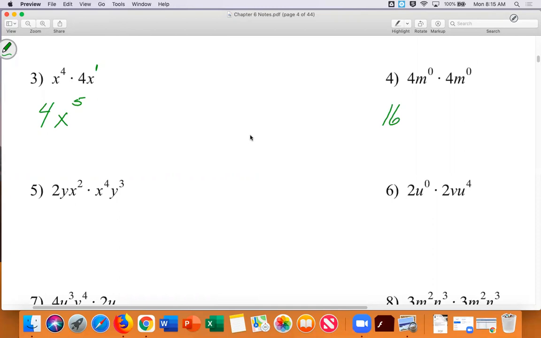And now we have m to the 0 times m to the 0. What do I do with those exponents? Add them. So it's 0 plus 0. So we're going to write 16m to the 0. You okay with that? And like I said, we'll come back and we'll talk about what it means when something's to the 0th power.